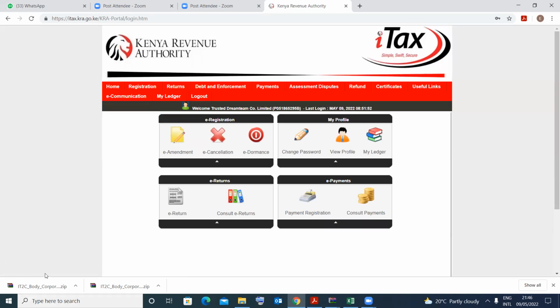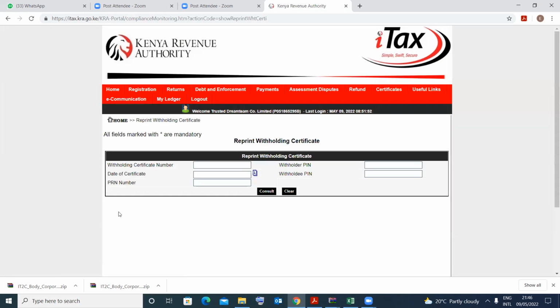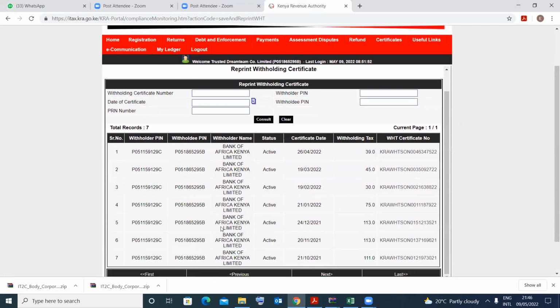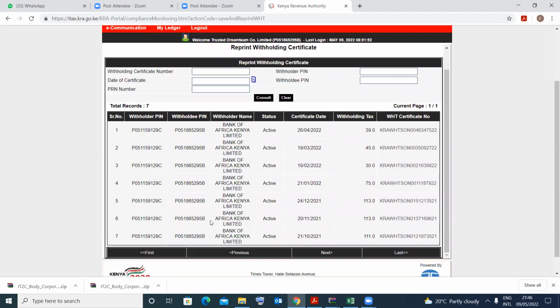All right. Then you come to certificates. Reprint, yeah, consult. Just consult so that you get all the certificates. So you can see the person that withheld hiyo tax yao ni Bank of Africa Kenya Limited. So hawa ndio walio withhold. We are basically taking for last year only, so we shall take for 2021 only. So start downloading from hii ya mwisho huko 1111.